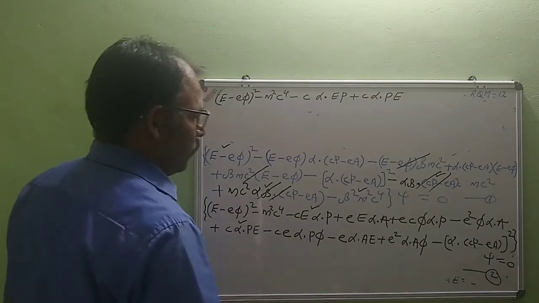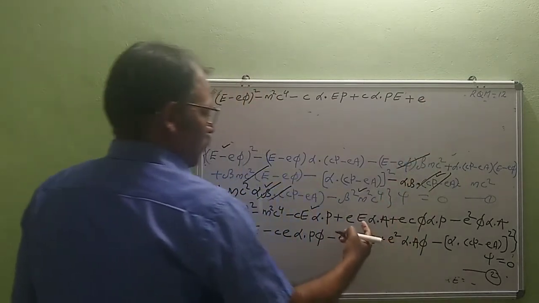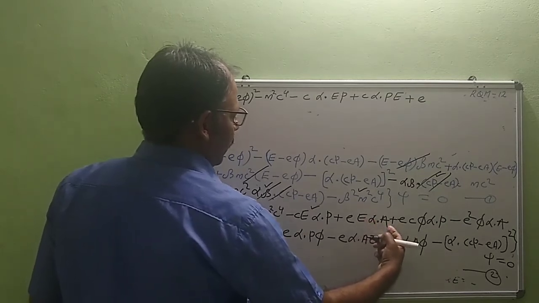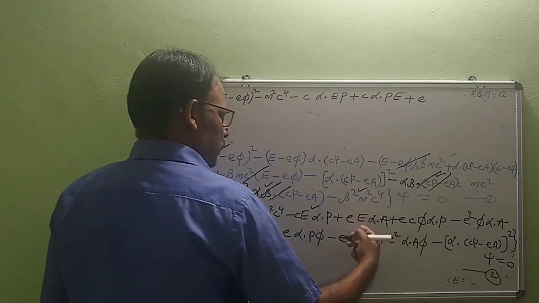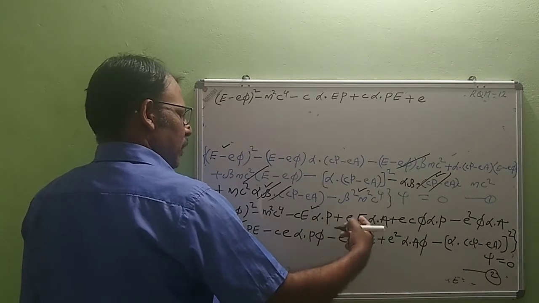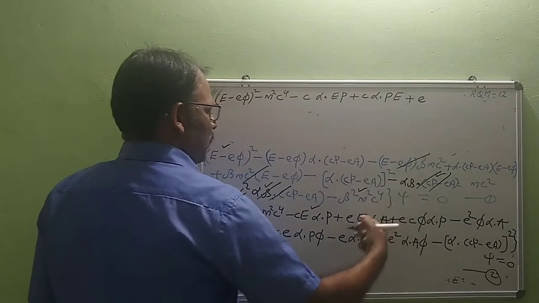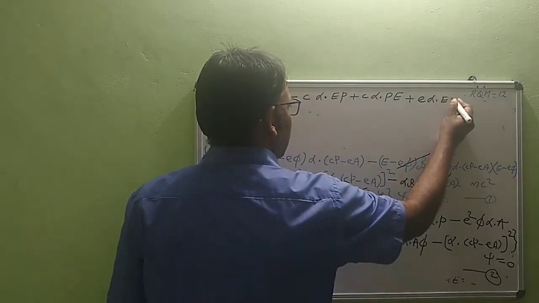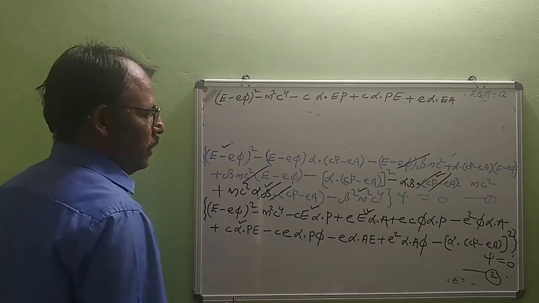This term plus E alpha dot A, which we can write as alpha dot EA. When we operate E on psi, we get the energy eigenvalue E. So this term is alpha dot EA.